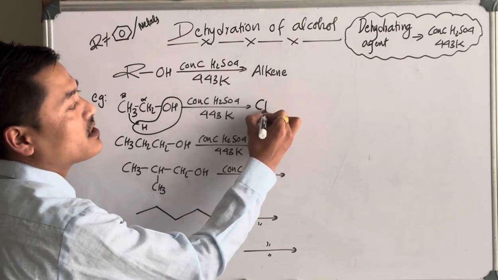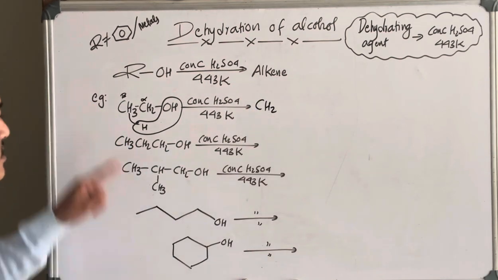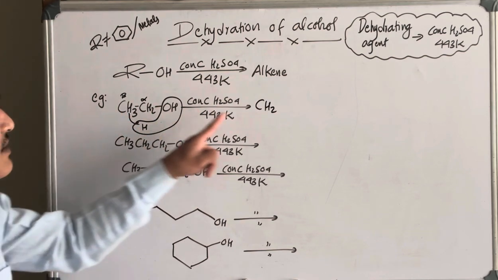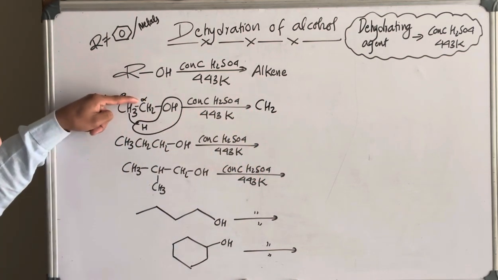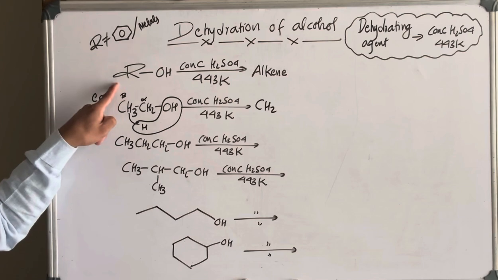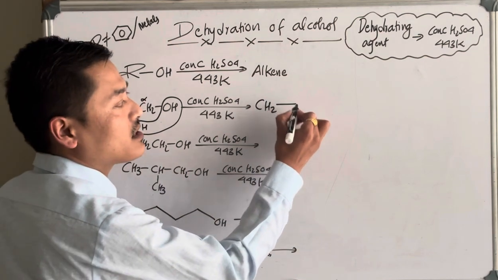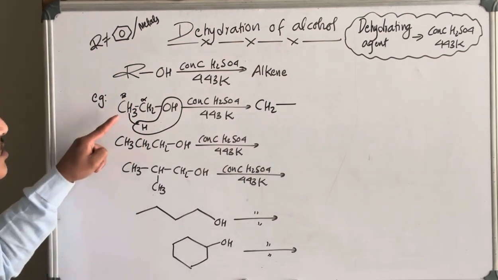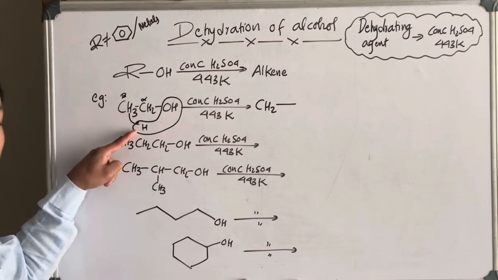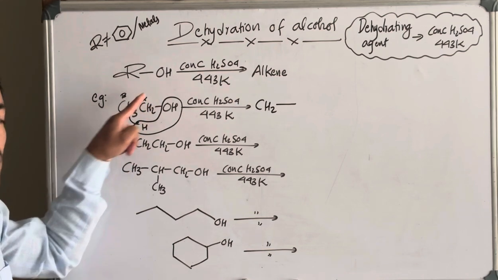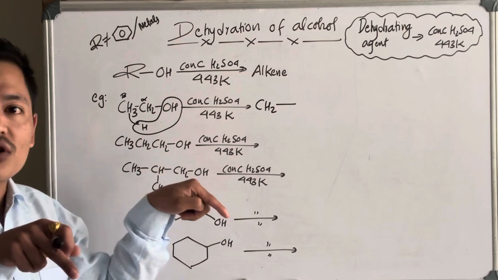The only remaining thing is CH2. Since you have removed one hydrogen, only CH2 is left. There is always a single bond between the alpha and beta carbon, so keep that single bond as it is. But since you are removing one hydrogen from here and one OH from here, there will be two non-bonding orbitals.